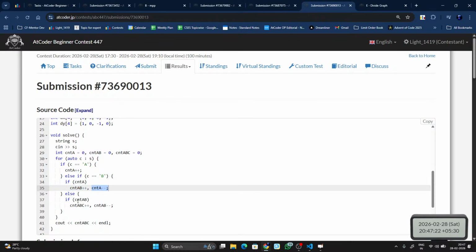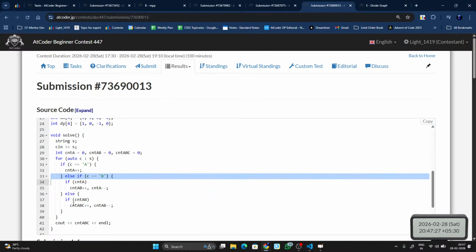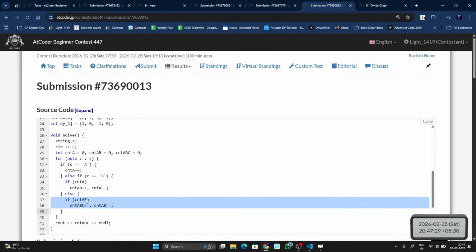And then similarly, if the character is C, the A case is over here, the B case is over here, and in the else case, it would be C. So if count AB is greater than 0, then I can use one of the previous AB pairs with the current C and form a tuple ABC. So I would increment the count ABC by 1 and decrement the count AB by 1.